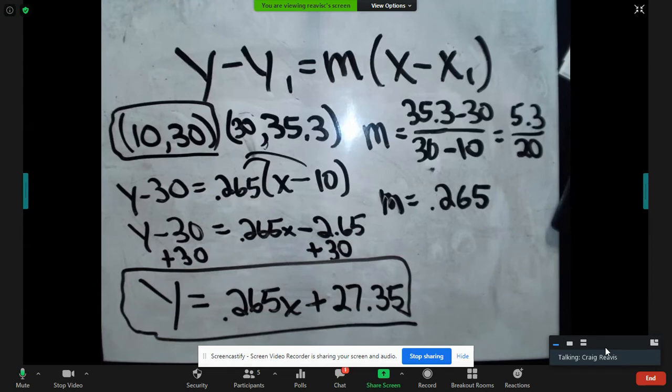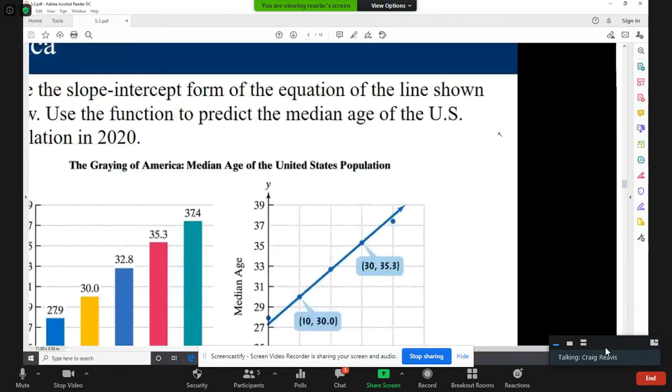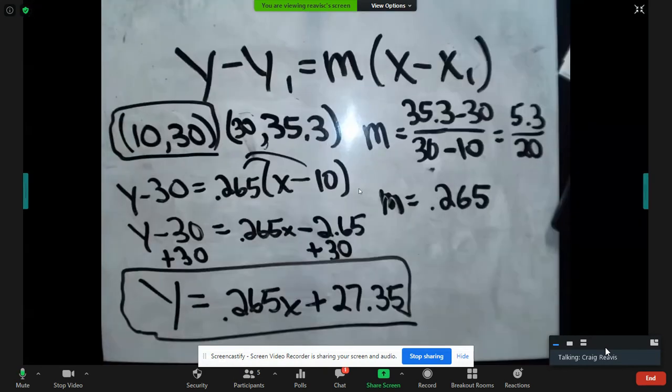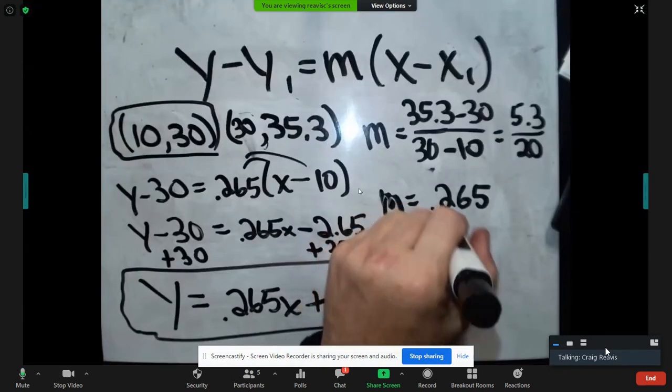Now, if you'll notice, if I go back to this, what does it ask? It wants us to make a prediction. All right? Whenever they're asking you to make a prediction, basically they want you to come up with the equation, and then they want you to plug something into the equation so that you can make a prediction. All right, so we want to know the median age in the year 2020. Well, what am I going to plug into my equation? Am I going to plug in 2020?